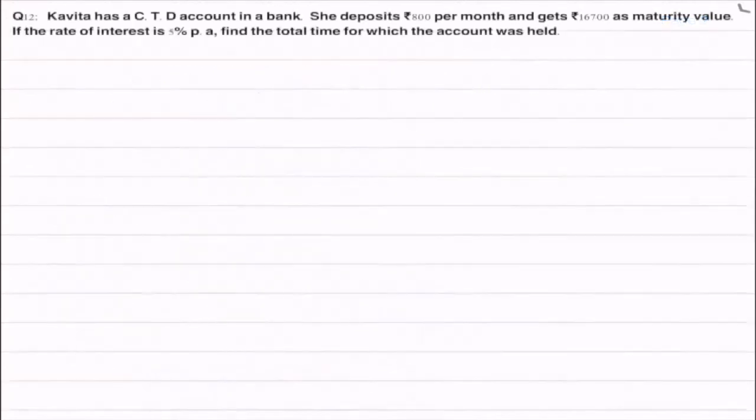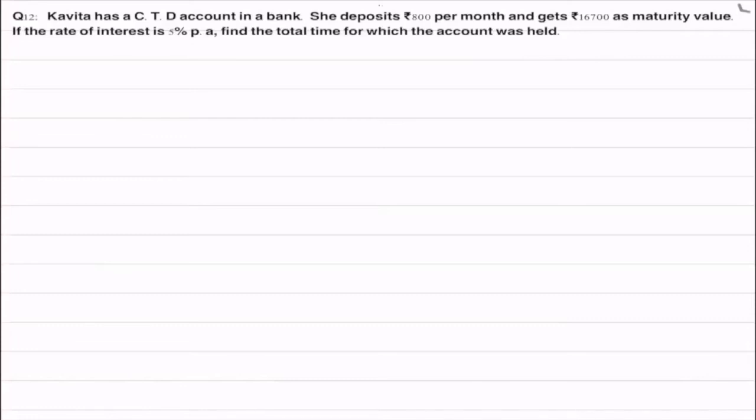Now we will move to the last type of question, children, that is a little bit lengthy and very important from the examination point of view. In this question, the time is missing. Kavita has a CTD account in a bank, cumulative time deposit account. She deposited rupees 800 per month and gets rupees 16,700 as a maturity value.